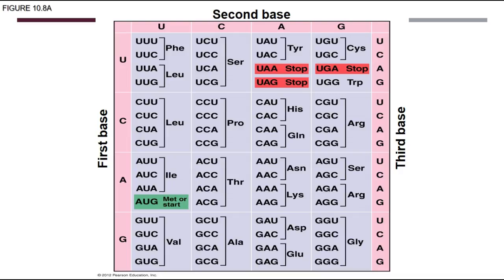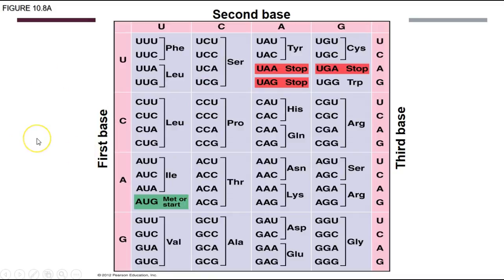Here we see the DNA code, the genetic code. This is actually messenger RNA code, and the way you read this is for the first base in the codon, you find which row it's in, U, C, A, or G, as you see here. The second base tells us what column it's in, and then the third base tells us which row within that box.